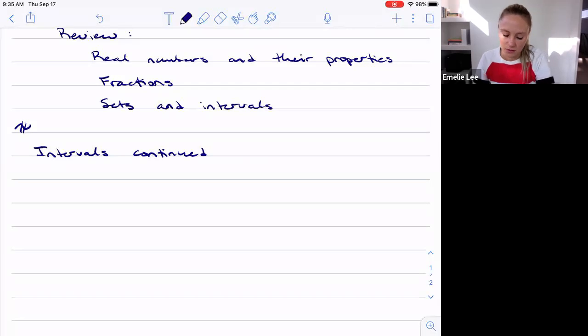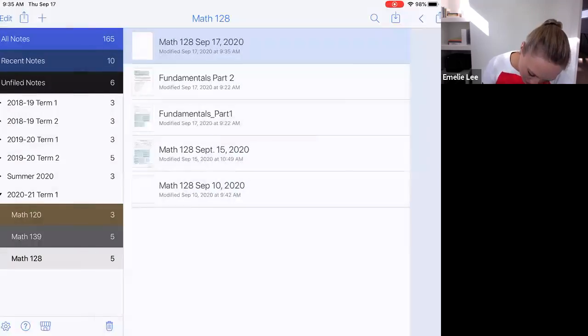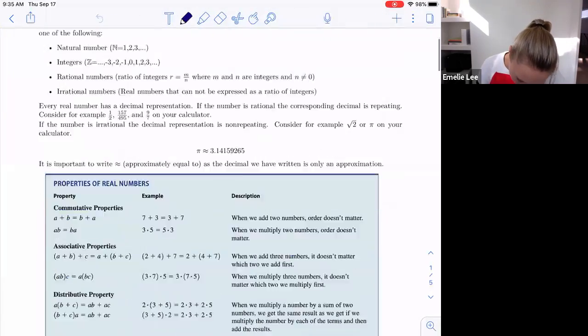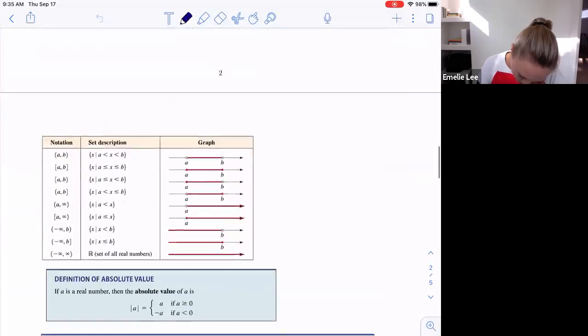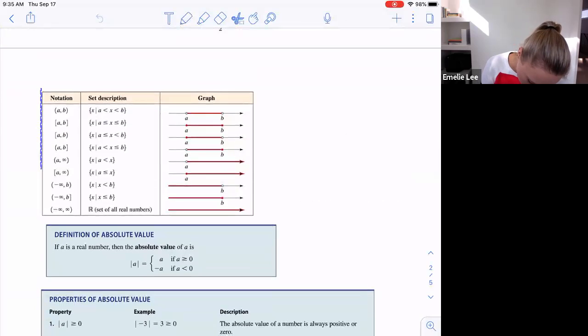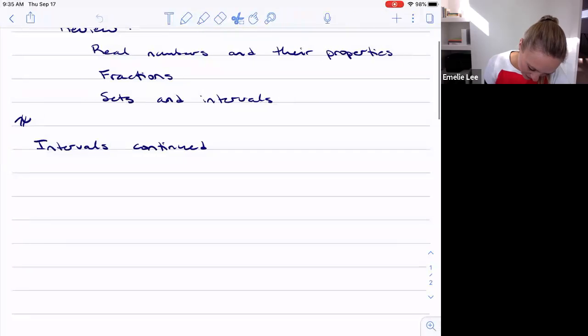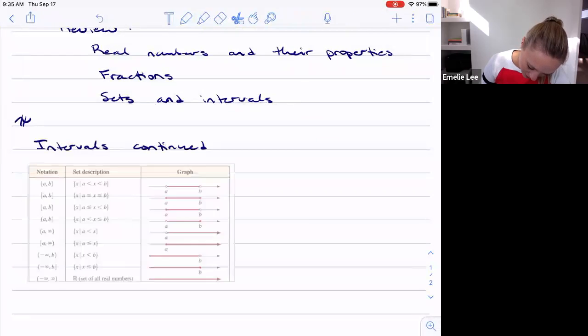Let me give myself some more space. All right, so intervals continued. What I'm going to do instead of what I was doing yesterday is just cut and write around it, and of course I post these on Moodle anyways.